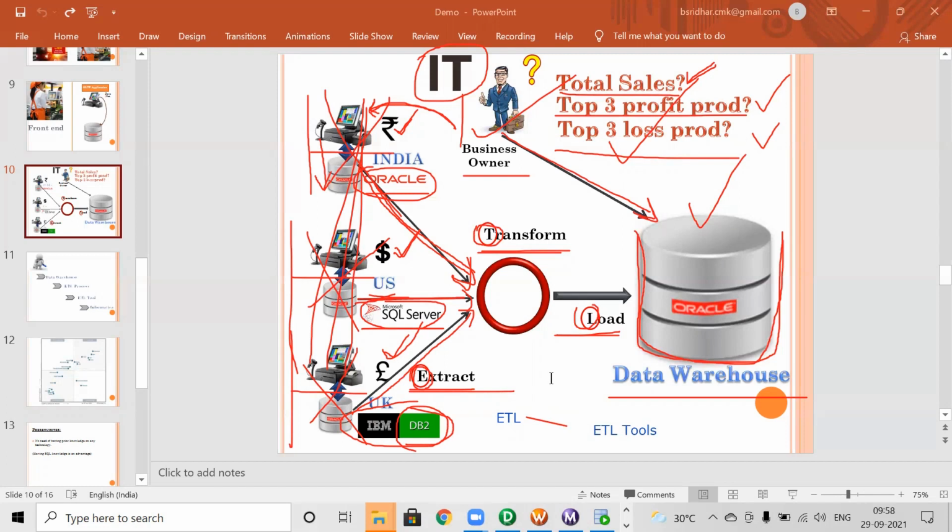We have a number of ETL tools like Informatica PowerCenter, IBM DataStage. One of our friends already said he's working on DataStage, right? So IBM DataStage is there, Ab Initio is there, Talend is there, right? Oracle Warehouse Builder is there, SSIS packages are there, SAP BODS is there. So likewise, there are multiple vendors who have their own ETL tools, right?